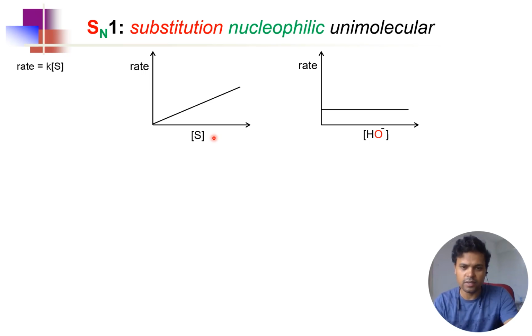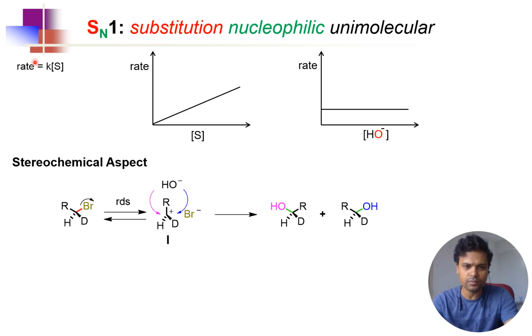On the other hand, if you change the concentration of the nucleophile, the rate of the reaction will never change, because the rate doesn't depend on the concentration of the nucleophile. That clearly states that the rate depends on the concentration of the substrate, and we can write the rate equation for this unimolecular substitution reaction, or SN1 reaction, this way.